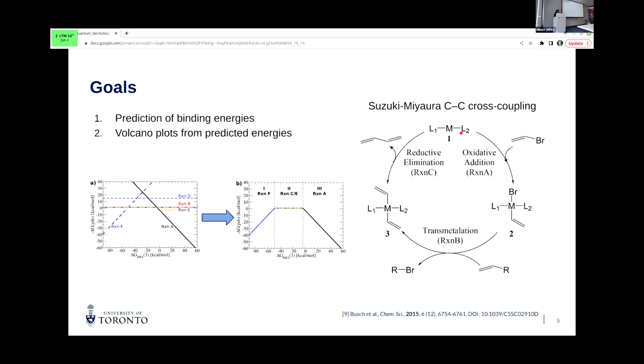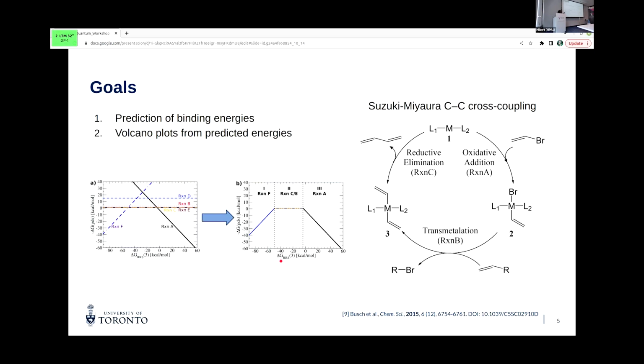The method that we're going to use is the volcano plot. Volcano plots were originally mostly used for heterogeneous catalysis, but another group here found a way to use them for homogeneous catalysis. The way you do it is by predicting the binding energies of all the steps.